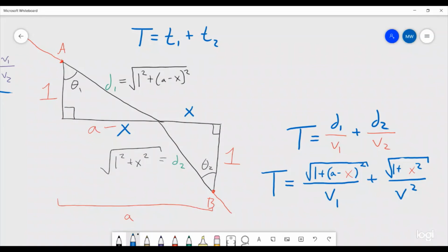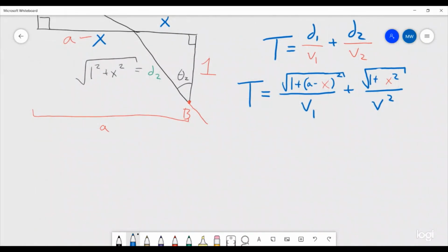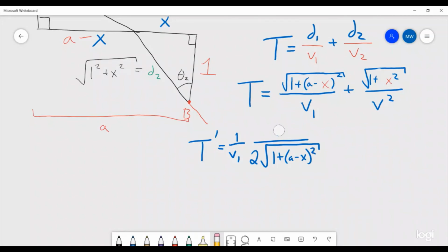So now we can actually take the derivative to find the minimum time. So let's go through and do that. t prime is equal to, well, the 1 over v1 is a constant, so we can pull that out, times the derivative of the square root. That's 1 over 2 times the square root of stuff, 1 plus (a minus x) squared, multiplied by the derivative of the inside.